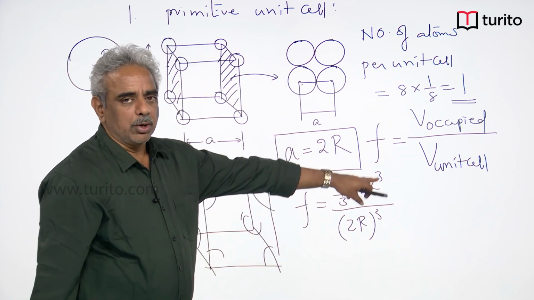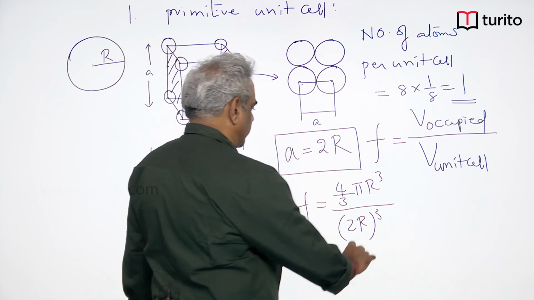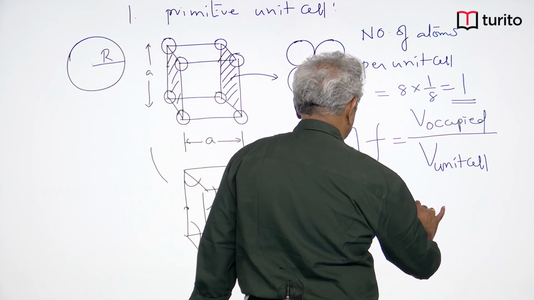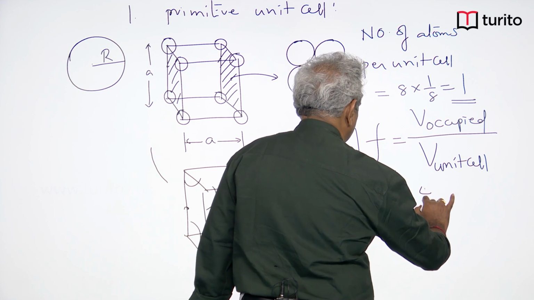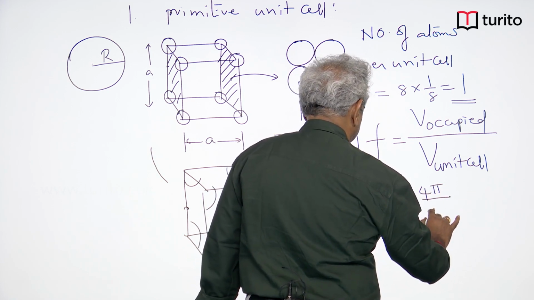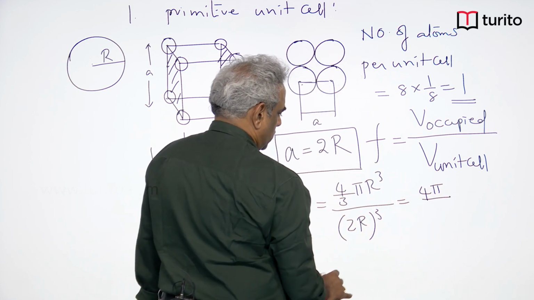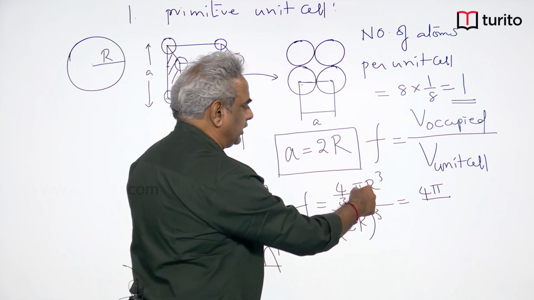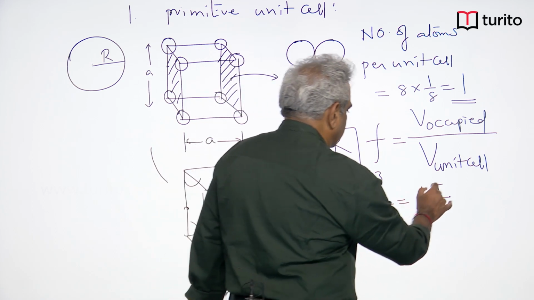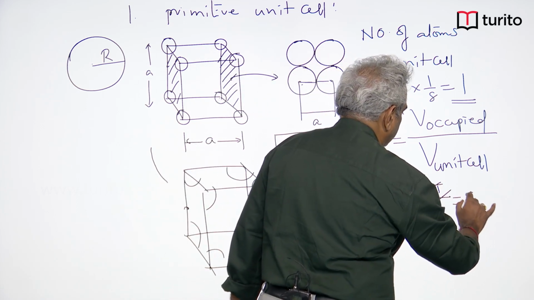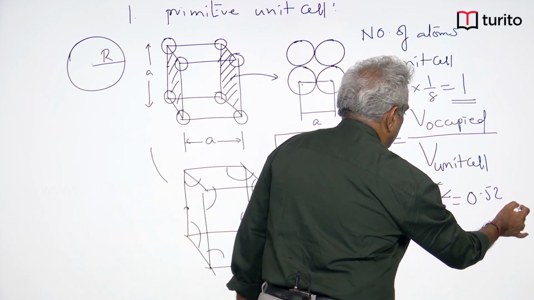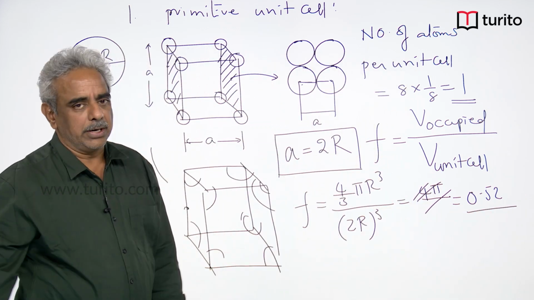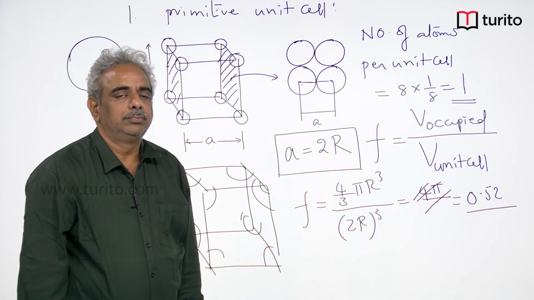So r cube and r cube get cancelled. You are going to get 4 pi by 2 cube, that means 8. Upon calculating, I will give the raw number: 0.52 you are going to get if you substitute the pi value also.